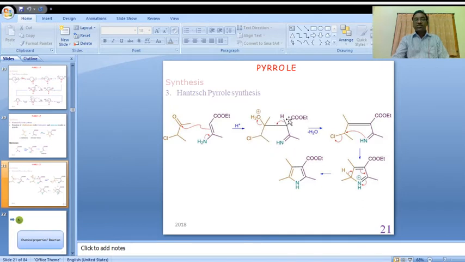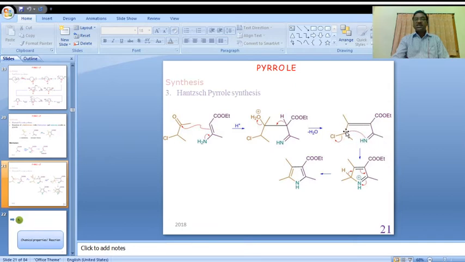From this, shifting of this hydrogen and loss of water molecule, we will get this intermediate.